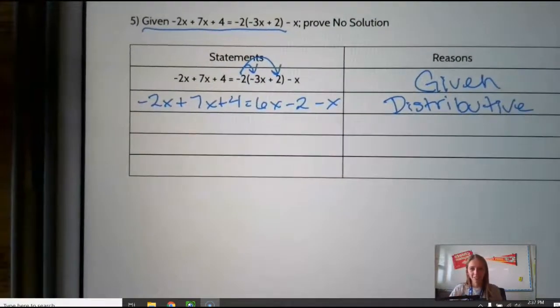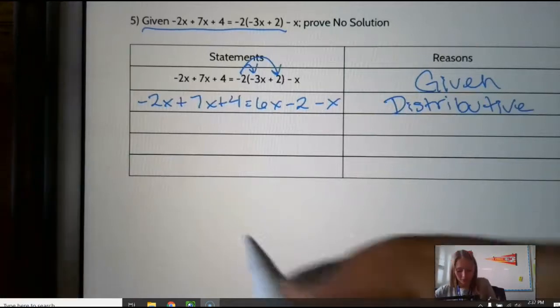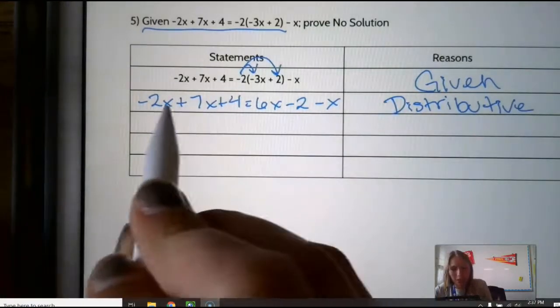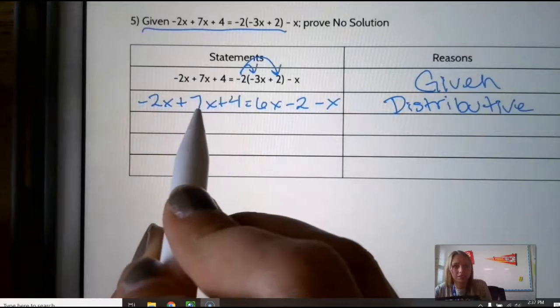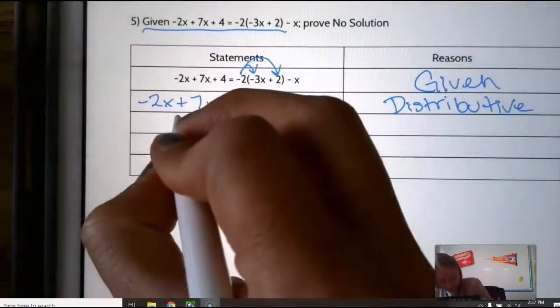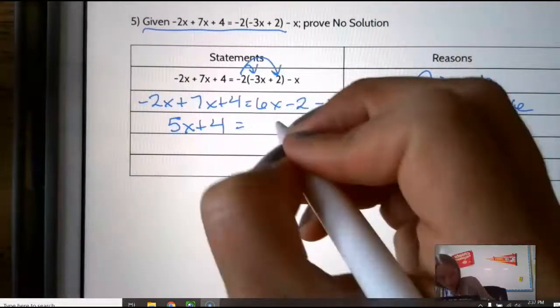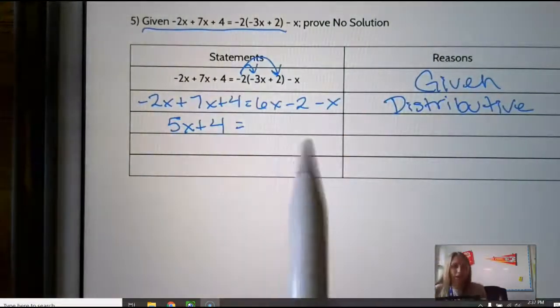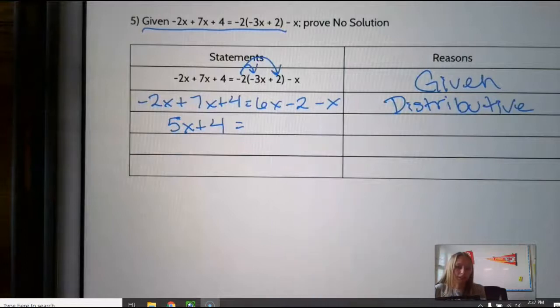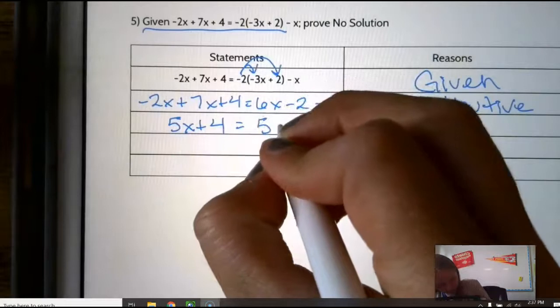Alright. So now that I have that, I'm going to simplify or combine like terms. So over here on the left, I'm going to combine the negative 2x and the 7x. So I will then get 5x plus 4 equals, over here I have 6x and a minus x, a negative x, so I'm going to combine those two, and I get 5x.